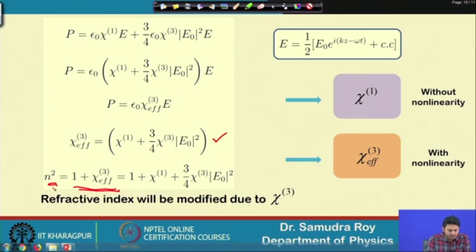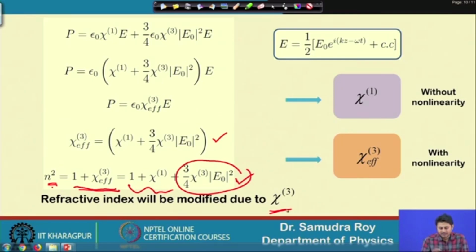So, now the total refractive index square is 1 plus chi 1 plus 3 by 4 chi 3 mod of E 0 square. So, this additional term is now appearing inside the refractive index. That means the refractive index is modified due to the presence of third order nonlinearity, or the chi 3 effect.